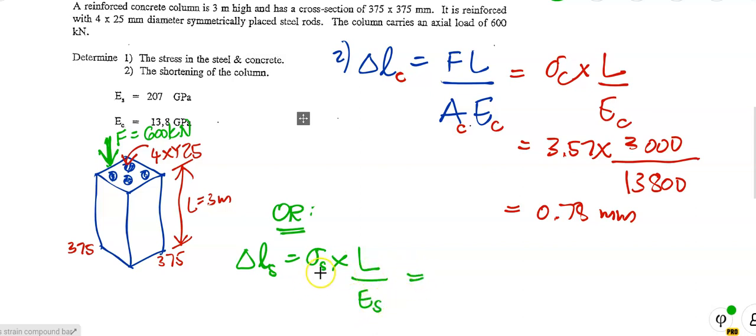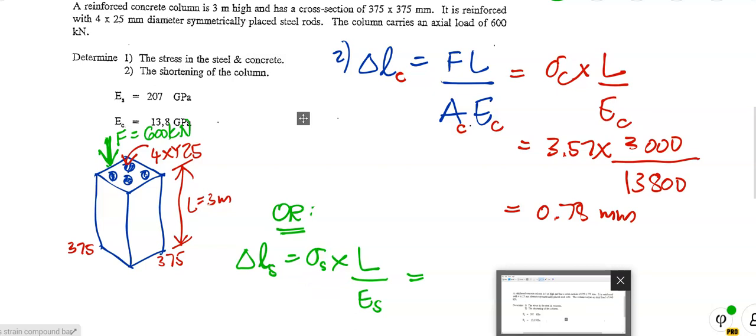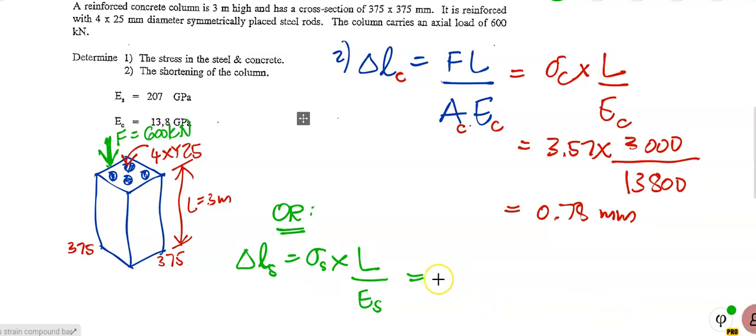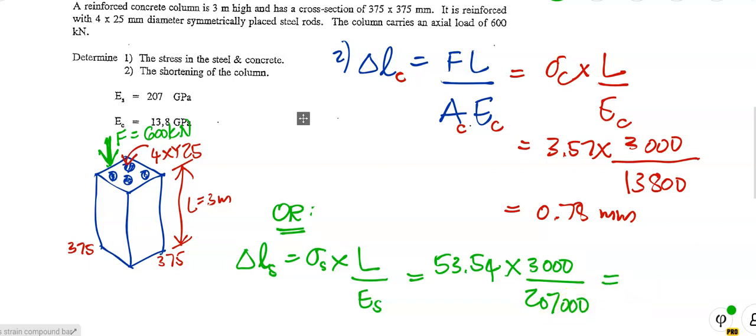The stress in steel we found to be 53.54, multiplied by the length, which is the same for both of them in millimeters, divided by the E for steel, which is 207,000. You do your calculation and check, and yes, I got the same answer, 0.78.